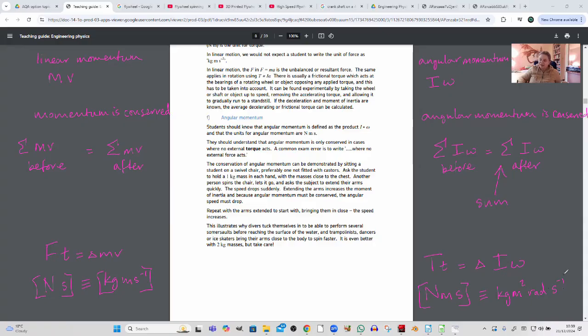So that is the equivalent, but we don't use this one. We do use this one, but we don't use this one. So we use Newton meter seconds. This is the angular momentum unit. I hope you can read that on your screen. So it's Newton meter second, which is why we use the Newton meter second. So it's the equivalent to Newton's statement of his second law, where impulse is equal to change in momentum.